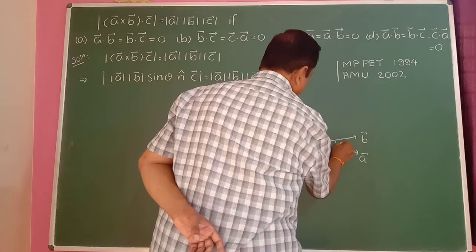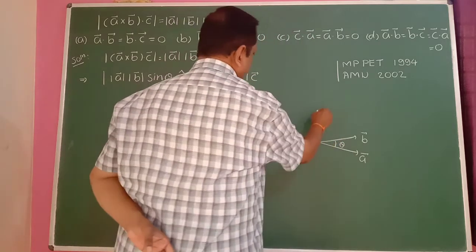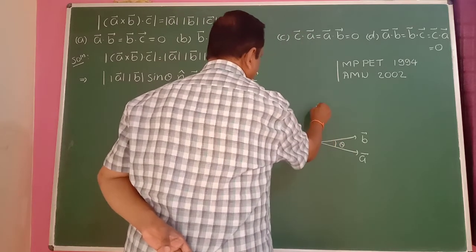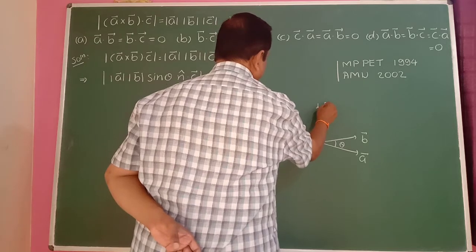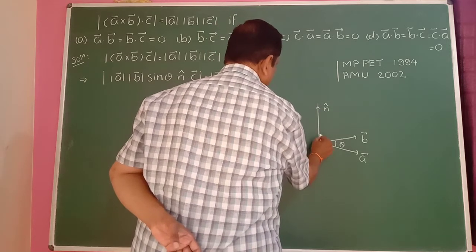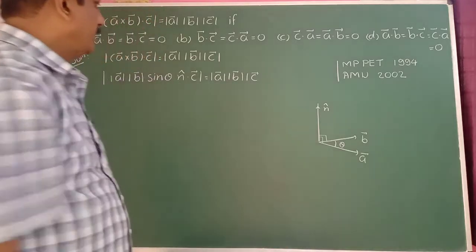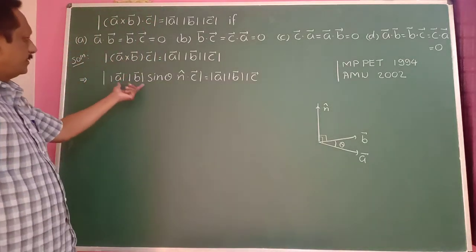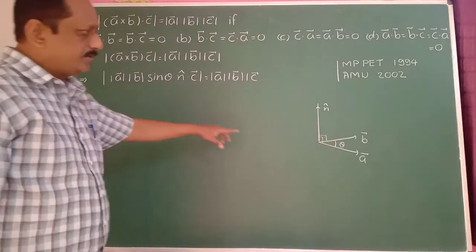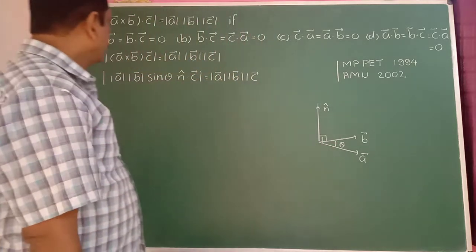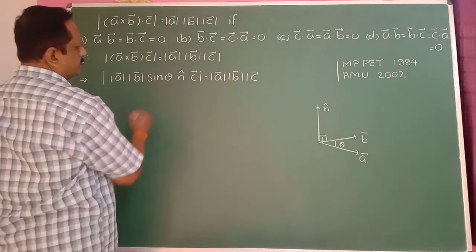Then here θ is the angle between A bar and B bar. Then this is the n cap here. n cap is the unit vector perpendicular to both A bar as well as B bar here. So A bar cross B bar is this one. θ is the angle between A bar and B bar. Then n cap dot C bar is there.